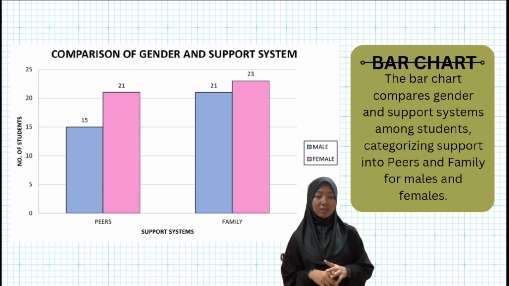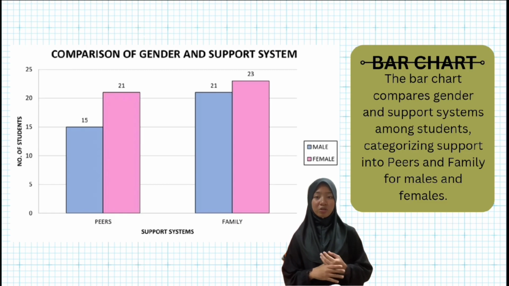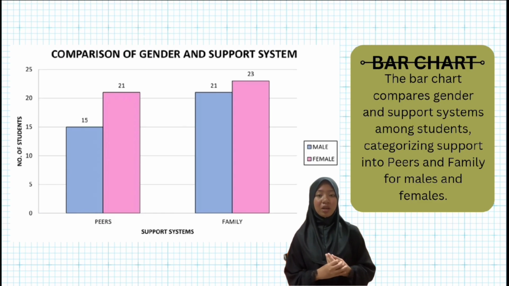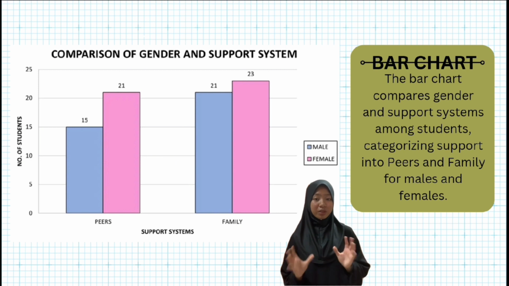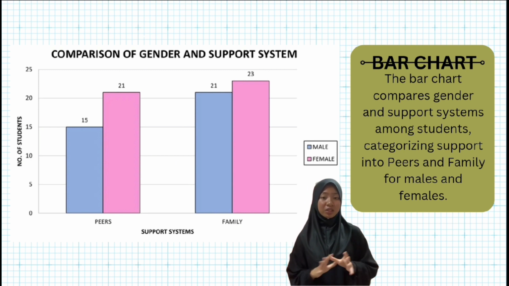The females tend to rely more on both support systems than males. More female students, 21, rely on peers compared to males. Similarly, slightly more female students, 23, depend on family support compared to males. Males rely less on peers compared to females. Only 15 males rely on their peers, which is significantly lower than the 21 females.